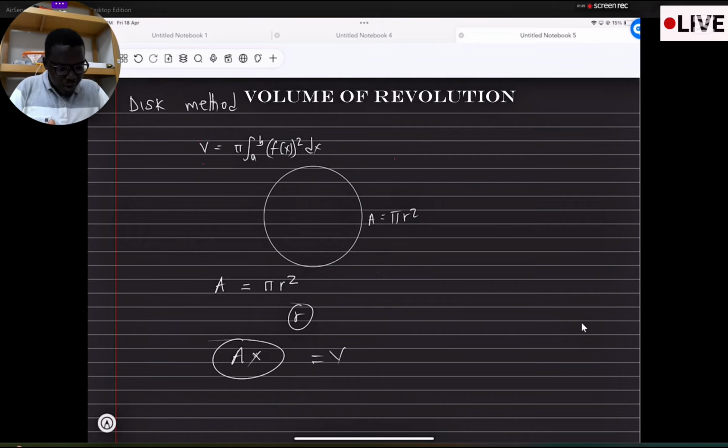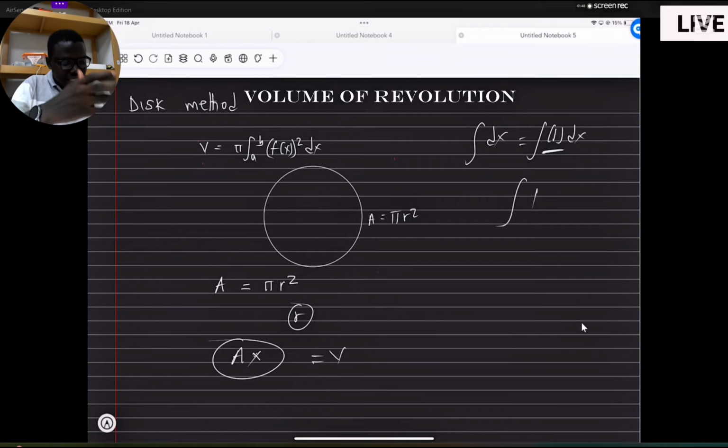For instance, when you have the integral of dx, it's the same as the integral of 1 dx. Because it's 1, we don't write it. So when we are finding the integral of a constant, we get the variable that you are integrating with respect to. So if I'm finding the integral of 1 with respect to x, which is dx, I'm going to get x plus a constant c.